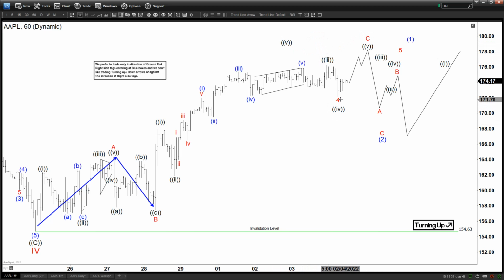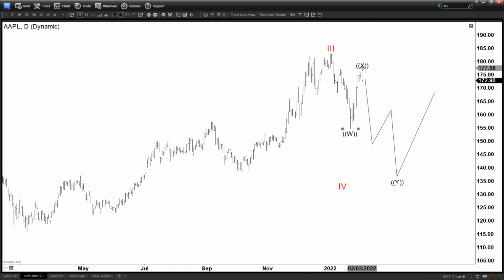That will be another possible alternate in which you get one more push to finish the C and then drop. That will end the X, and then you drop like this. So you have just one more push ending X, and then you drop in another 3 waves like this.